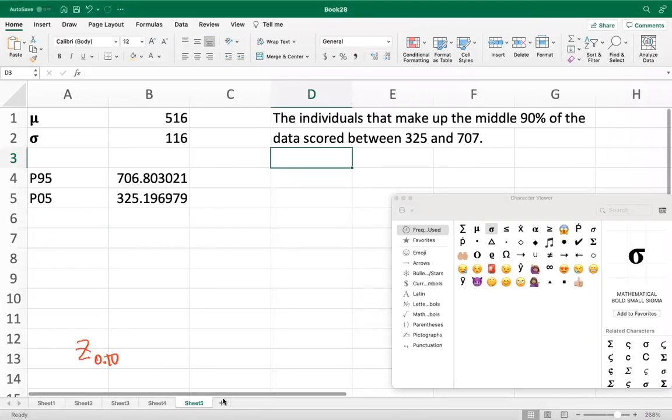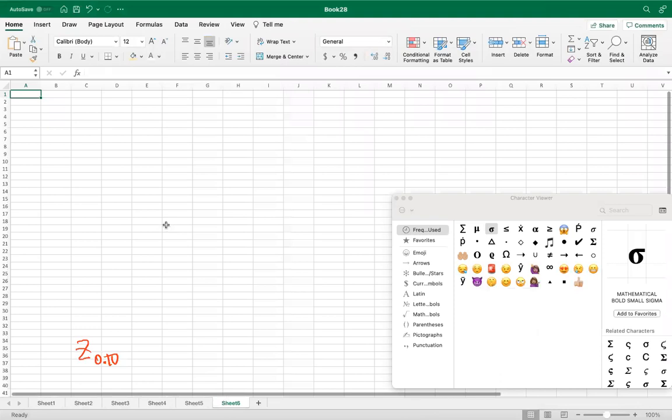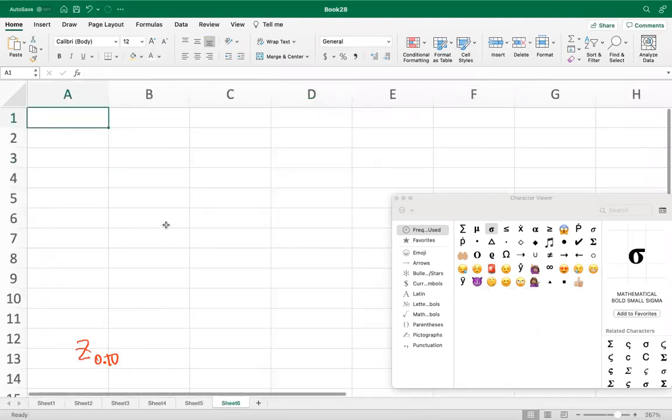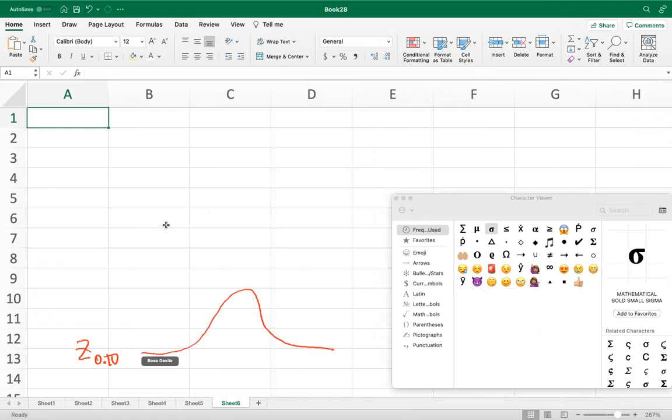So over here, let's get a new sheet. So here, what this means is that we have our data here. Z sub alpha is representing this right tail. So if this value here is Z sub 0.10, then that tells us that this area here is 0.10.